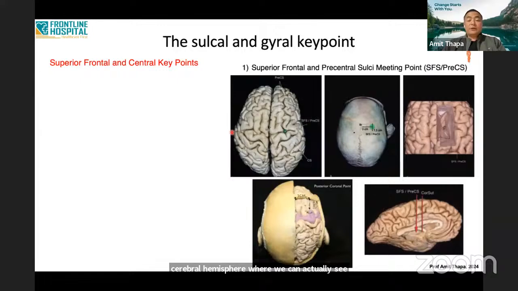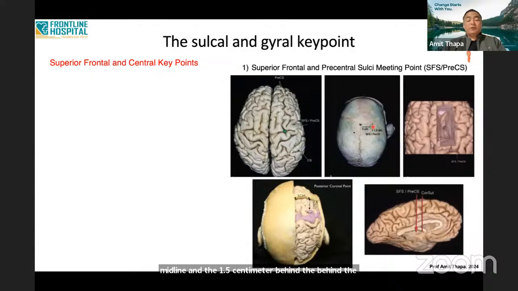The other portion is the superior portion of the cerebral hemisphere, where we can see the superior frontal and the central key points. One of them is the intersection of the superior frontal and the precentral sulcus. So this is the superior frontal sulcus and the precentral sulcus meeting point. This is usually located 3 centimeters from the midline and 1.5 centimeters behind the coronal suture.